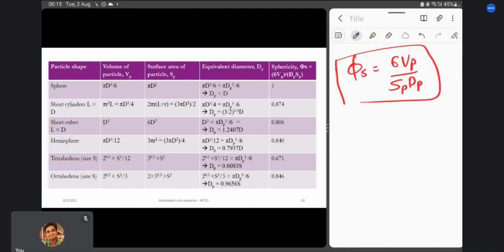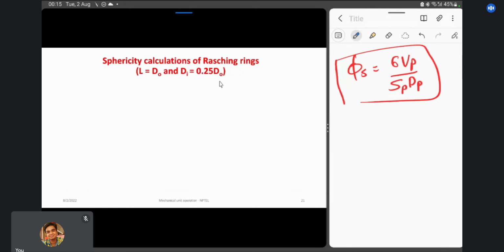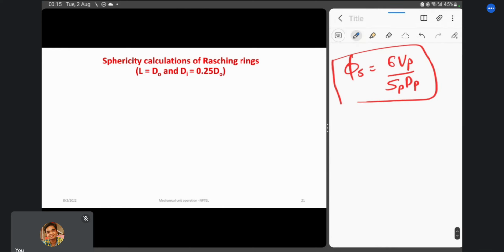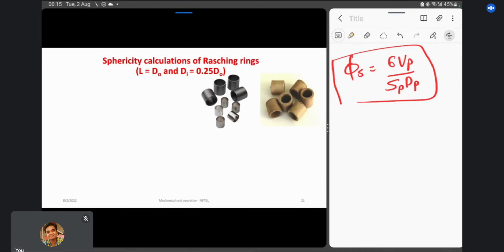Now we will go for the next example, which is a very famous example in this kind of study for calculating the sphericity, which is the Raschig rings. If anyone is not aware, what are Raschig rings? Raschig rings are cylindrical particles.